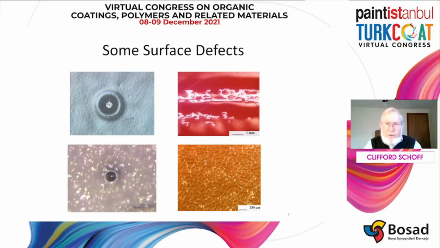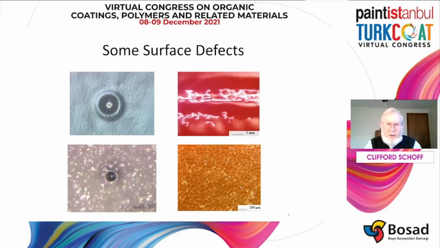To the right of it is de-wetting of a red coating from a white primer. The lower left, if you look at it, you might say, well, that's another crater. But it's hard to tell. You don't always know whether you're dealing with a crater or a pop. In this case, this was a solvent pop.